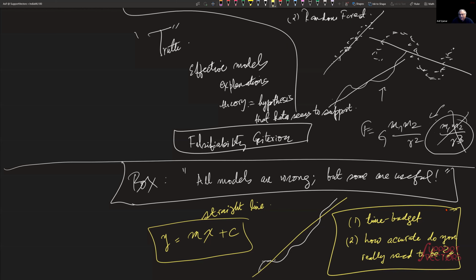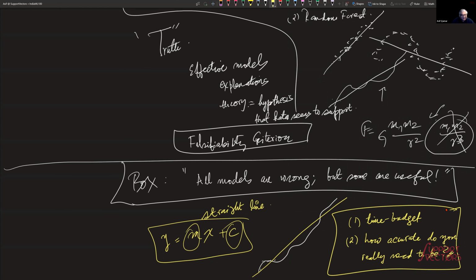So when you hypothesize that a straight line describes your data, then the problem resolves to just finding the m and the c. You find the m and the c and you're done. That is a good enough model now. And now the only question is, are you fine with that line and the predictions of the line, or do you need something better than that? And you go and pursue that.